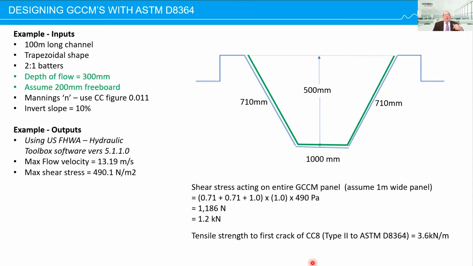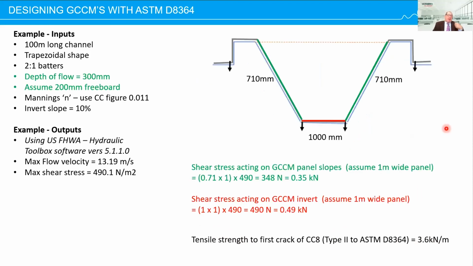Now, the tensile strength to first crack of this particular material, CC8, which is a type 2 according to ASTM D8364, was 3.6 kilonewtons to the first micro crack appearing in that material. So there's basically a factor of safety of 3 between the shear stress and the first micro crack in this material.